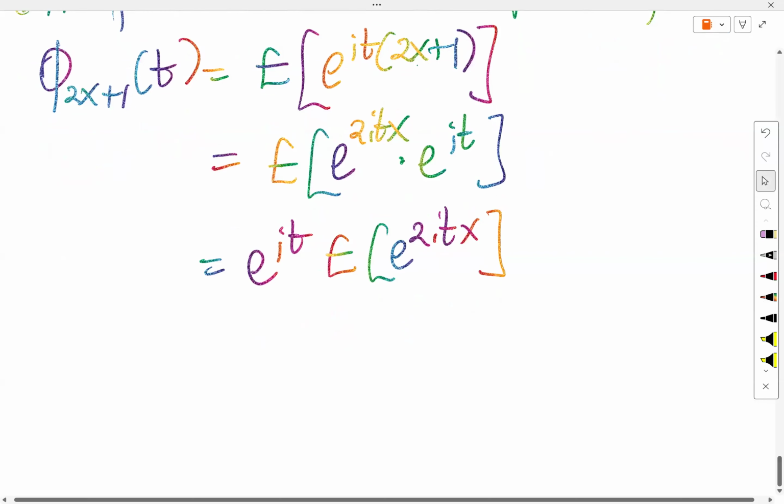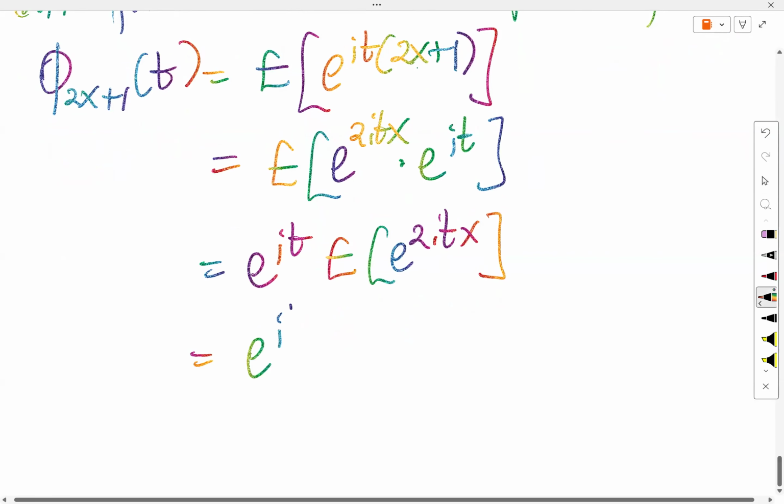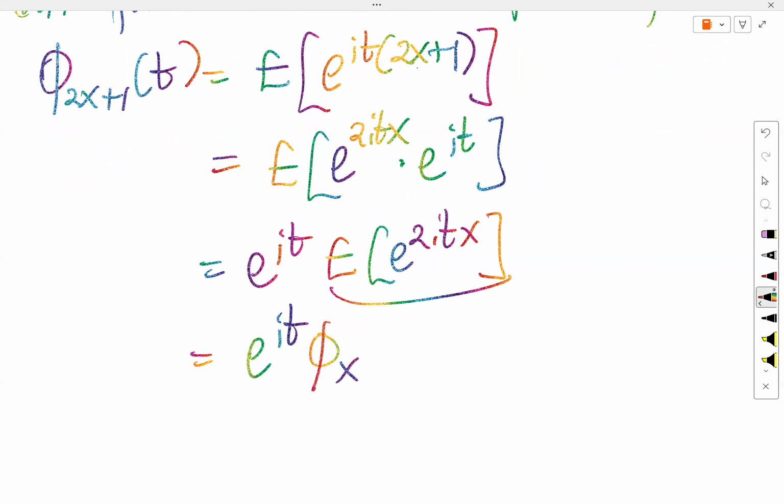I remember that the expectation of e raised to power itx was phi of t. So it simply means that this one now is e raised to power it, and this part will simply be phi of x of 2t, because if you remember, phi of x of t was simply the expectation of e raised to power itx.